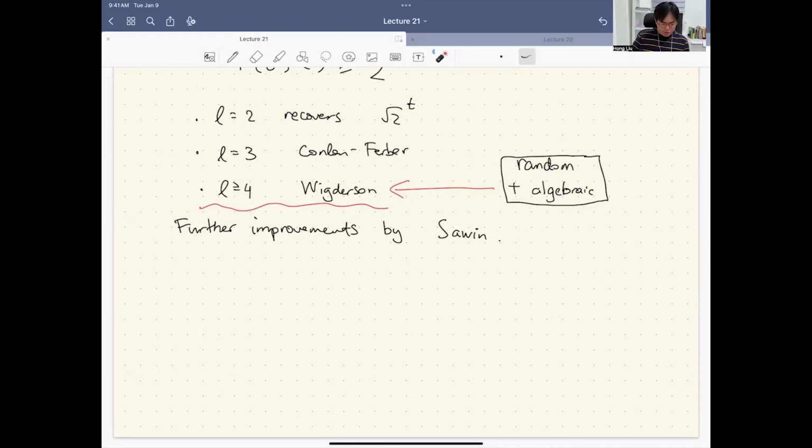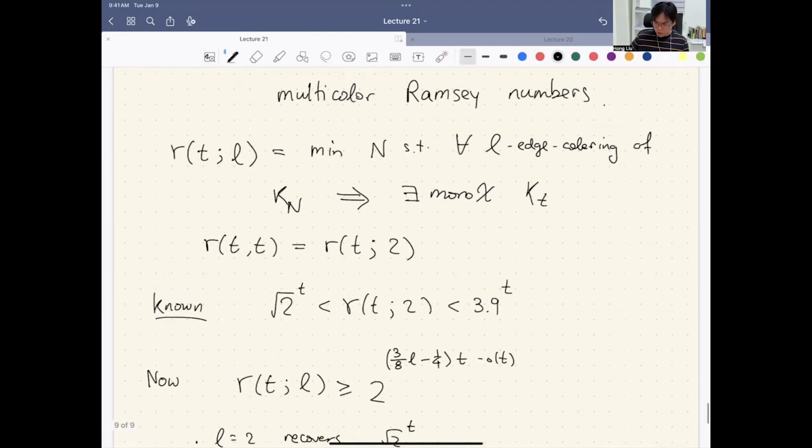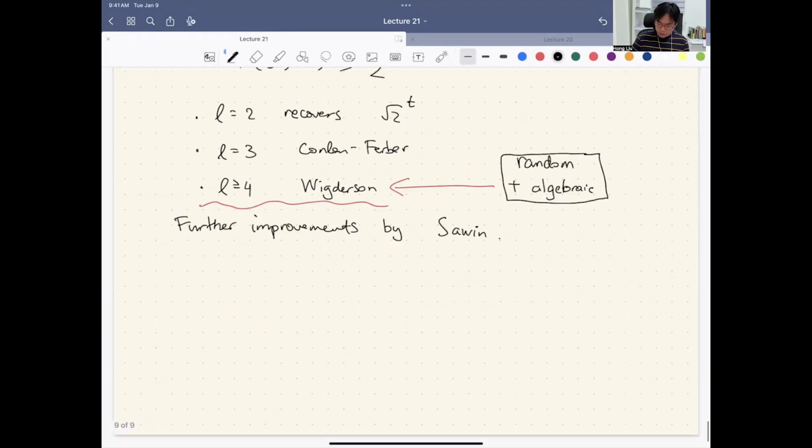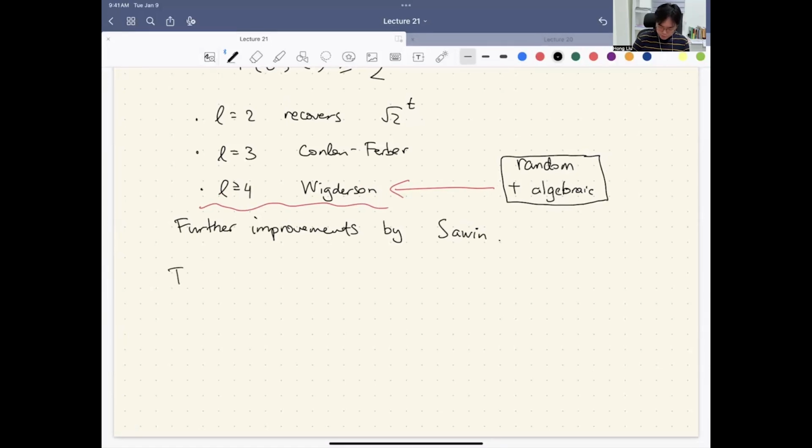Let's define this initial algebraic graph. Let's call it G_0.